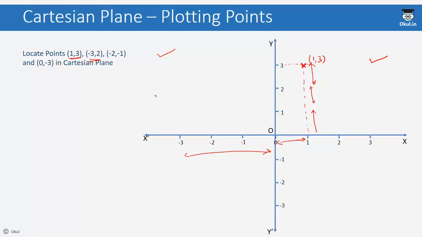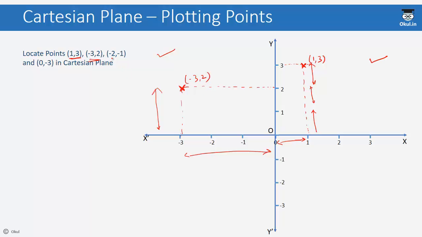Therefore, we have to travel a distance of 2 units along the positive y-axis. So, the position of this point is 3 units along the negative x-axis and 2 units along the positive y-axis. So this is the intersection point of these two lines, that is (-3, 2).